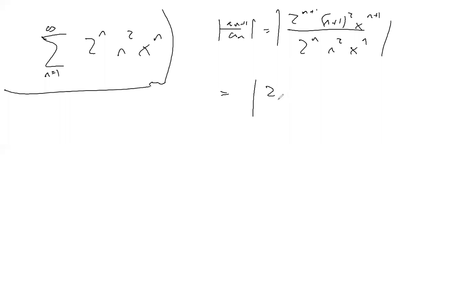So simplifying this, I get this, right? Xn plus 1 over xn, that's x. 2n plus 1 over 2 to the n, that's 2. Okay, and then n plus 1 squared over n squared, right? So I want this limit to be less than 1, okay?